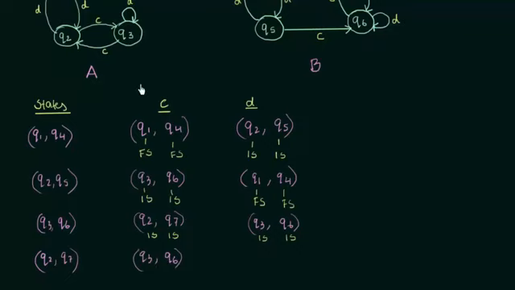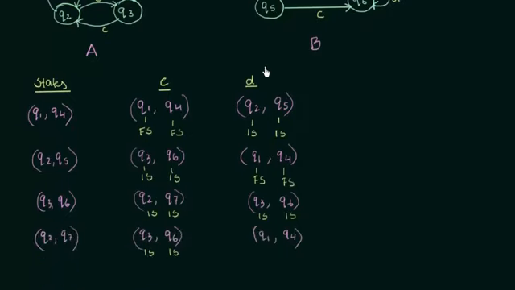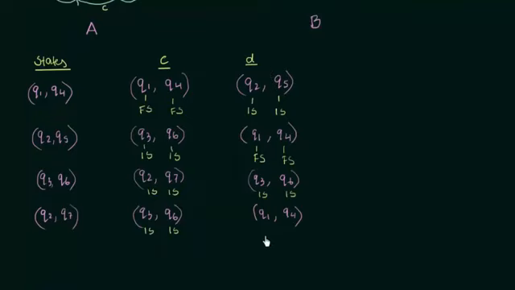Q3 is an intermediate state and Q6 also is an intermediate state, so I'll write IS. Then on input D, they go to Q1, Q4. And if you check our diagram, Q1 and Q4 are both final states. So these two are also final state, final state.